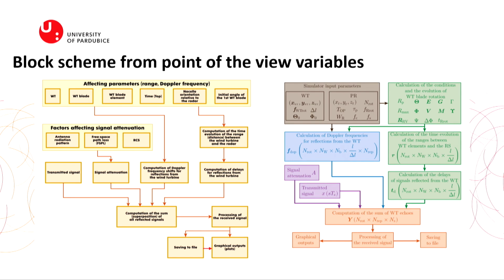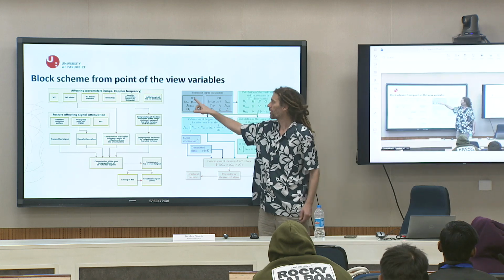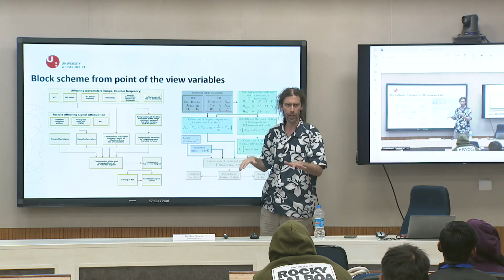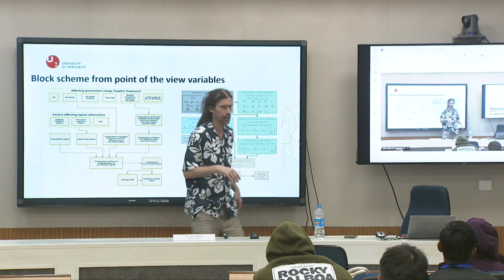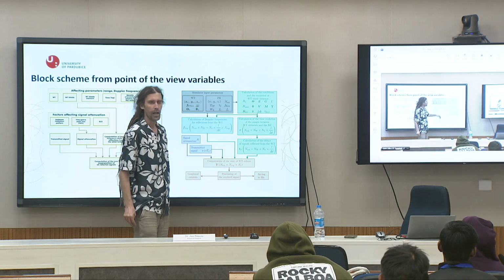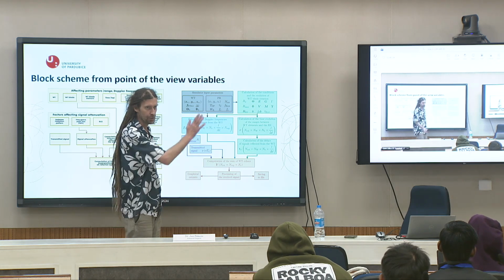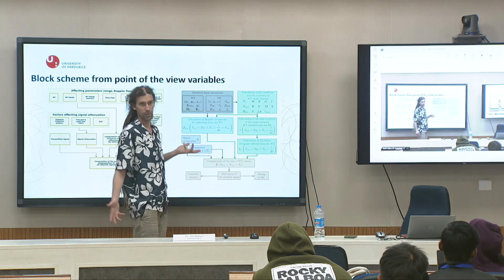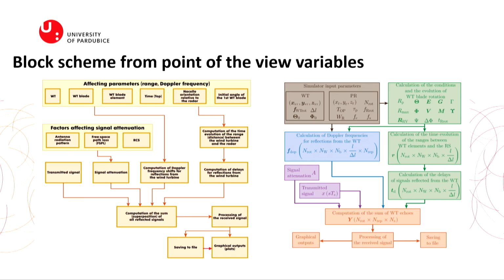So these are the simulator input parameters. Every parameter will be described. I will explain just a few of them as an example, because you will not remember, it is half of the Greek alphabet, so it will be hard. X, Y, Z, Cartesian coordinates of your wind turbine. X, Y, Z, Cartesian coordinates of your radar.